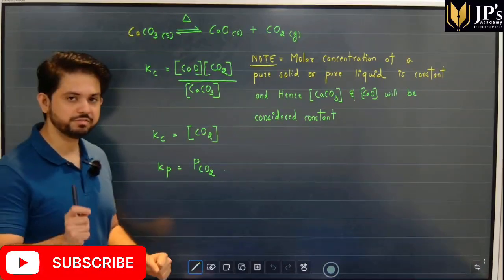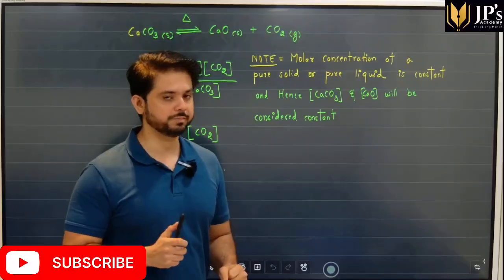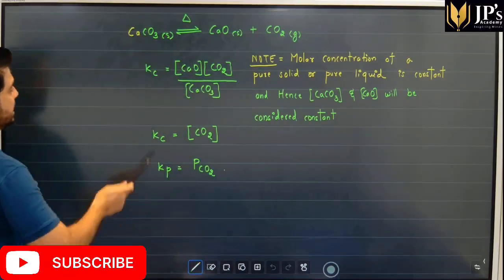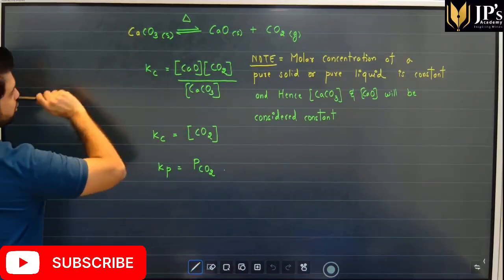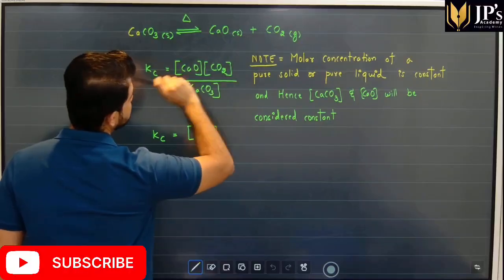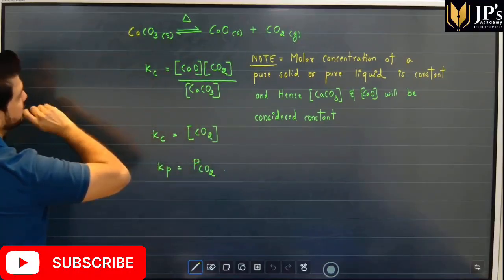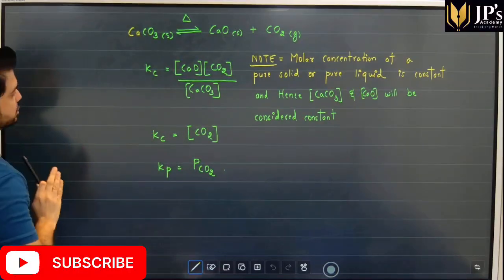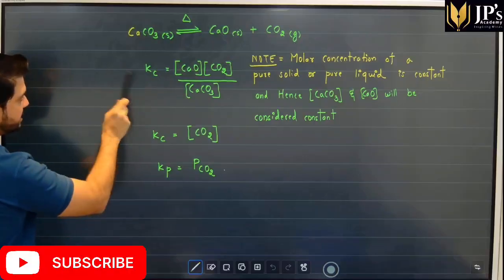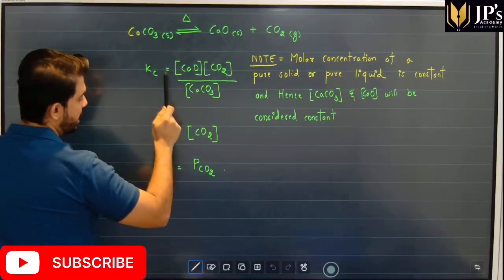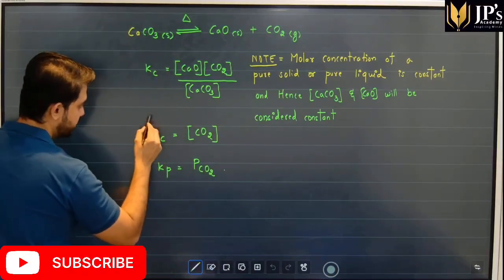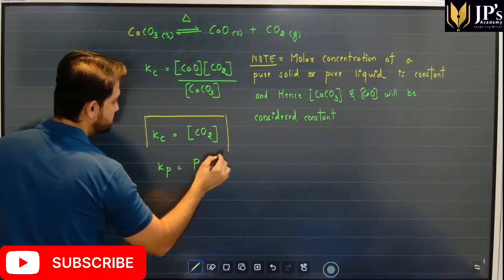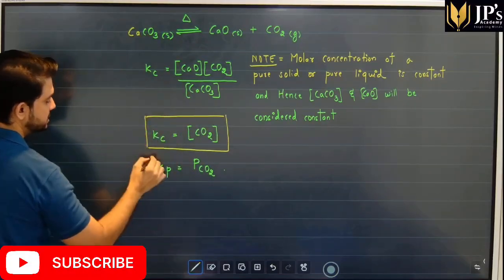Now students, we have to be very careful when we write the equilibrium expression. For example, in this expression, CaCO3 solid is in equilibrium with CaO solid plus CO2, or we can say the thermal decomposition of calcium carbonate. When we write the expression for Kc, you will see that the final expression has no CaO or CaCO3.